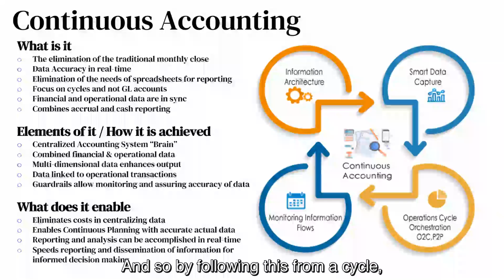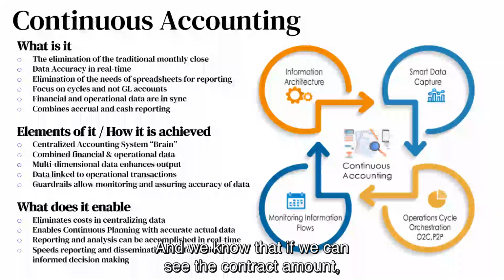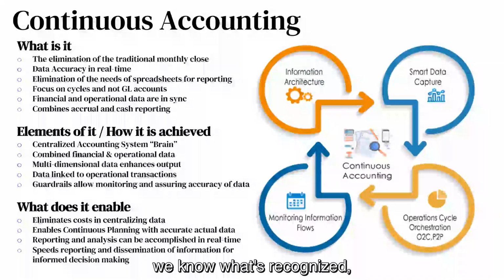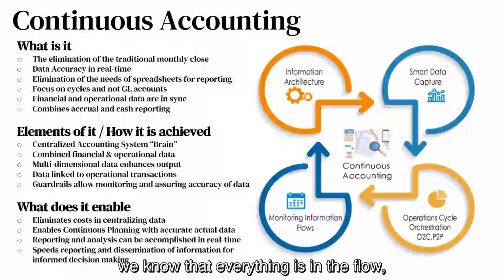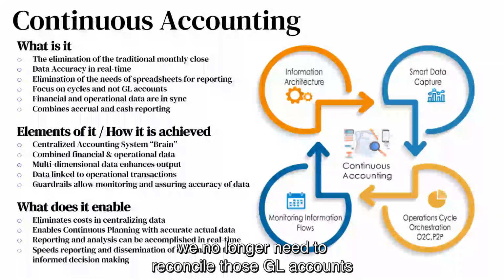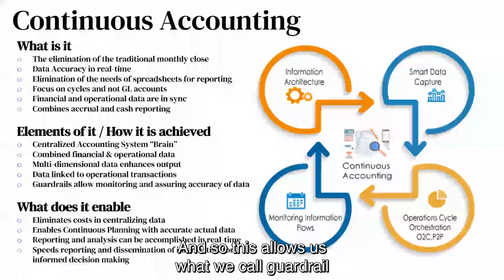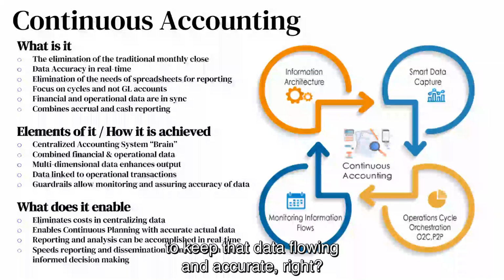And so by following this from a cycle, you're now able to gain that visibility. If we can see the contract amount, we know it's recognized, we know that everything is in the flow, we no longer need to reconcile those GL accounts the same way that we used to. And so this allows us what we call guardrails to keep that data flowing and accurate, right?